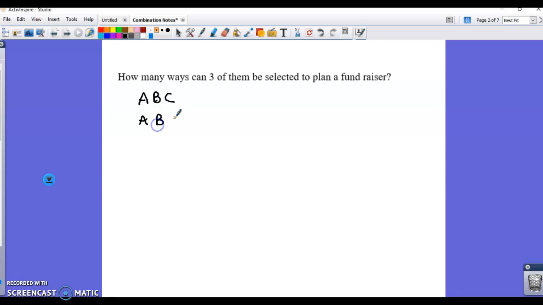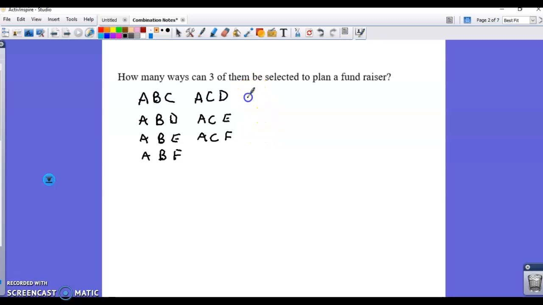So it'd be A, B, D, A, B, E, A, B, F. Well, we run out of people here, so change the second letter and keep it alphabetical. So B would be C, then that would have to be D to be alphabetical. So A, C, D, A, C, E, A, C, F.